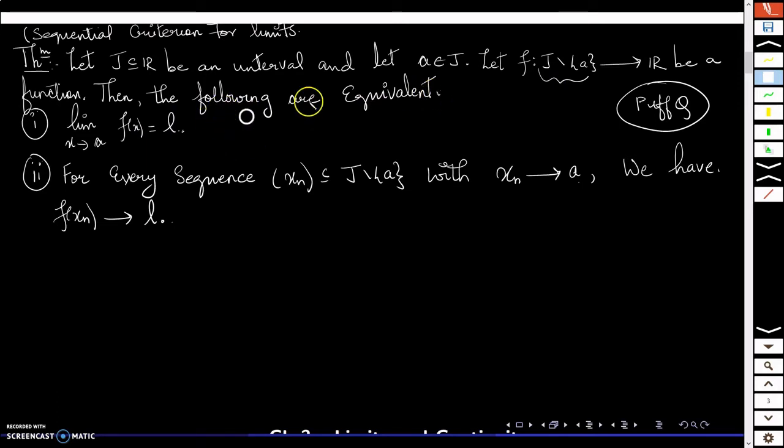When I say that two statements are equivalent, whenever one happens, the second one also happens, and if one does not happen, the other will also not happen. So they are of the form P if and only if Q. It talks about the limit of a function at a point in terms of sequences. Sequences we have already seen in the last chapter.